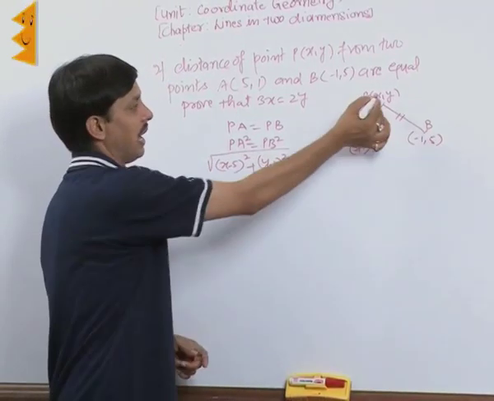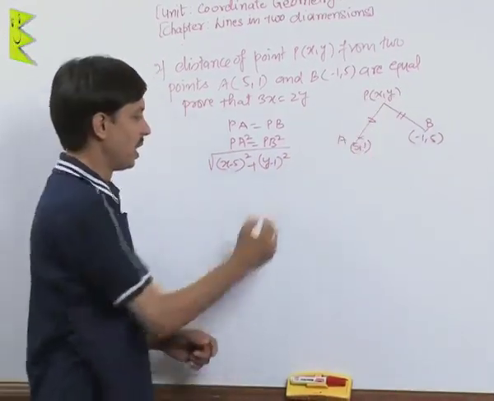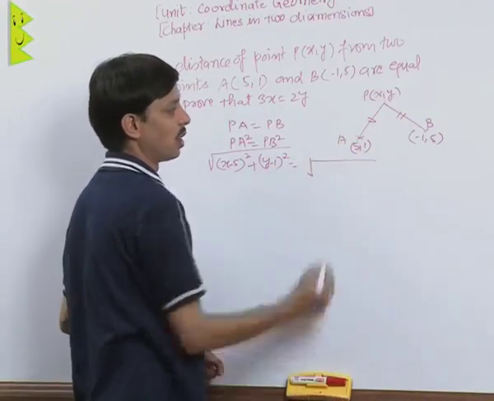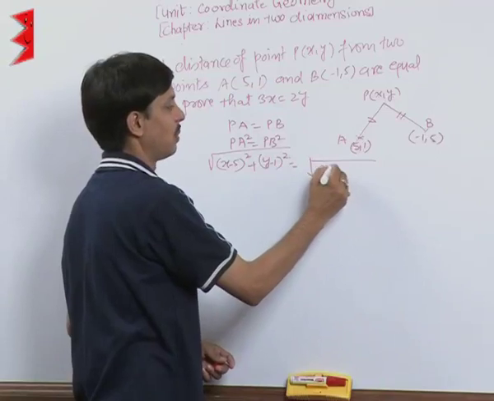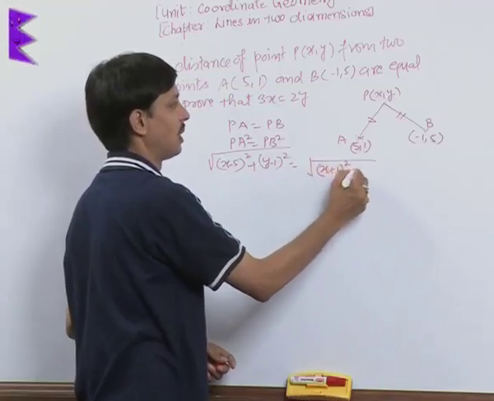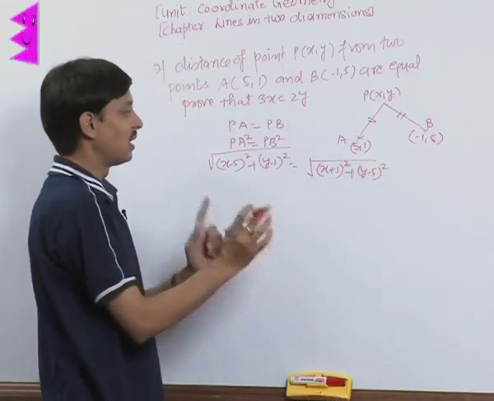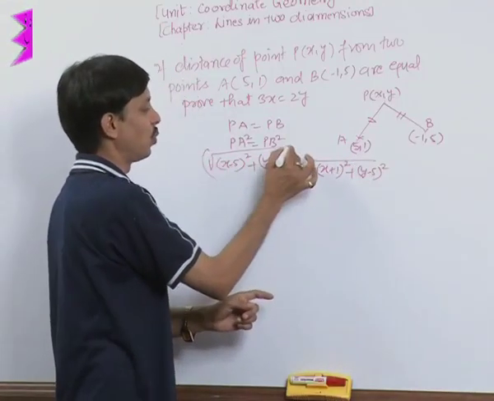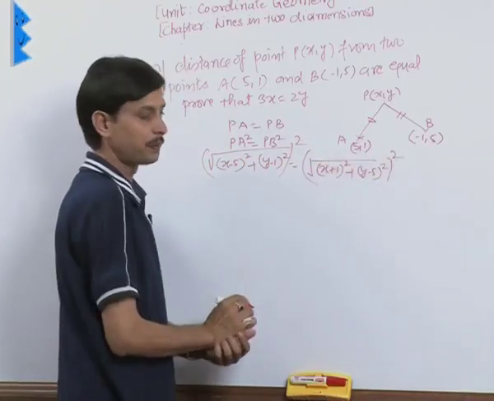The reason being the square root of (x1 minus x2) squared plus (y1 minus y2) squared is equal to the second distance PB, that is, x minus of minus 1 means (x plus 1) squared plus (y minus 5) squared. These are the distances, but we have already squared, so we will write its whole square and its whole square.